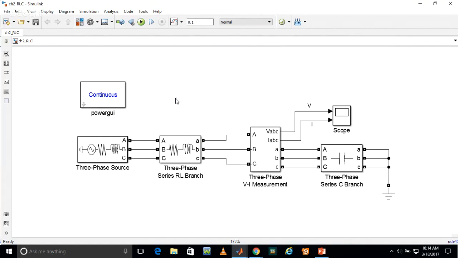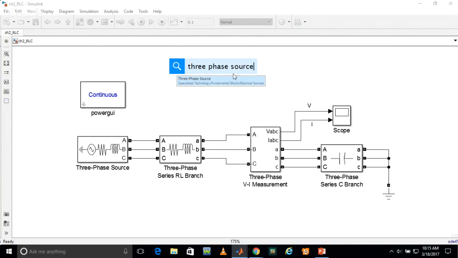I'm using MATLAB 2016. Okay, so in this, you just have to click in the empty space and write three-phase source. When you write it, an option comes up: the three-phase source that is present in Specialized Technology, Fundamental Blocks, Electrical Sources.